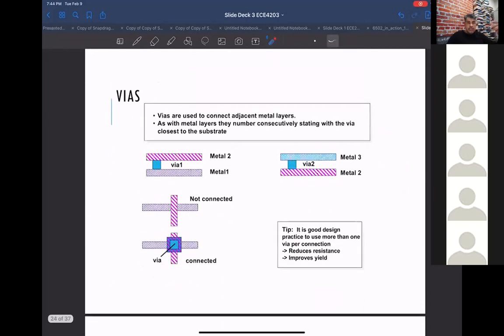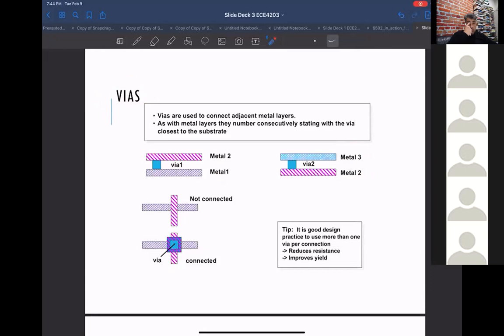The same thing goes for vias. Any metal to metal connection, you could think of as a contact, but it's just called a via. Via 1 connects metal 1 and metal 2, via 2 connects metal 2 to metal 3, and so on.